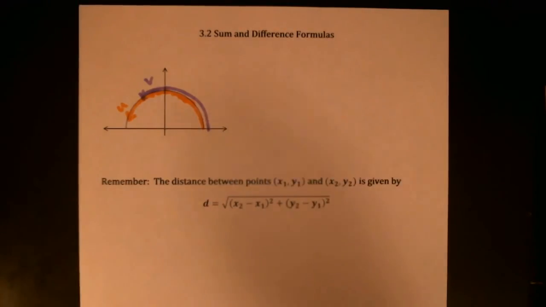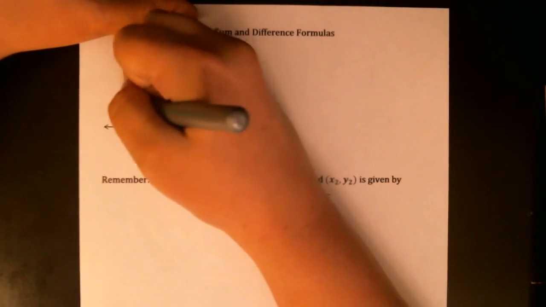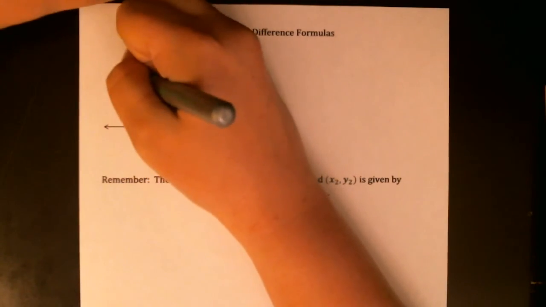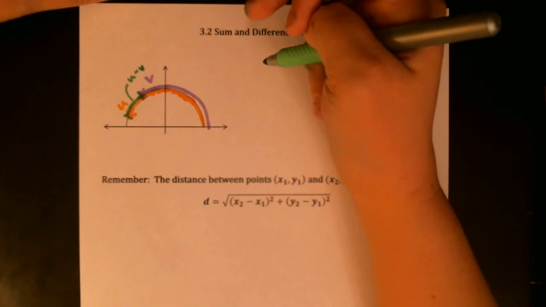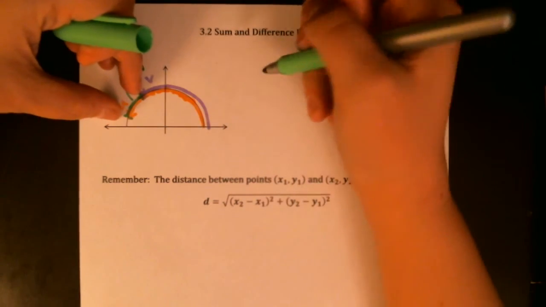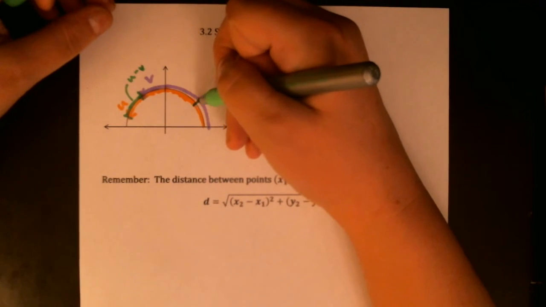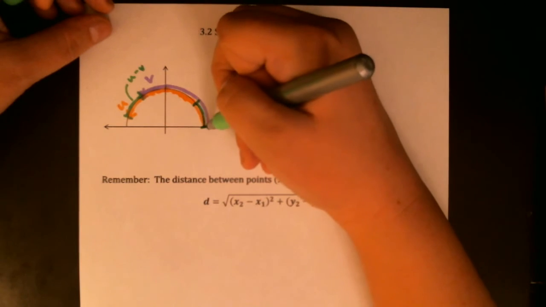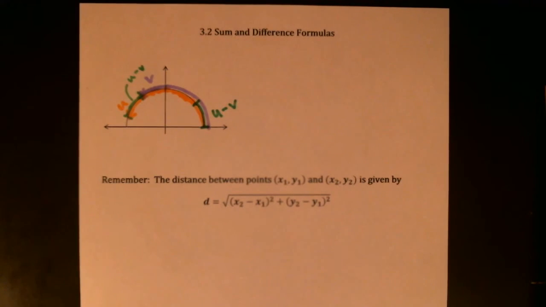If we look at this, there's this little segment right here, which is u minus v. That's how long that is. We can even shift that u minus v around and put it over here in standard position. I'm just going to estimate, this is about this long. This is supposed to be the exact same length. So that's u minus v in standard position.